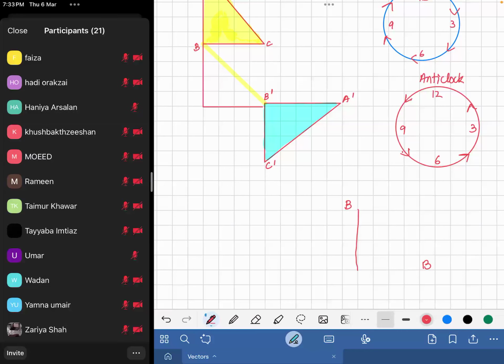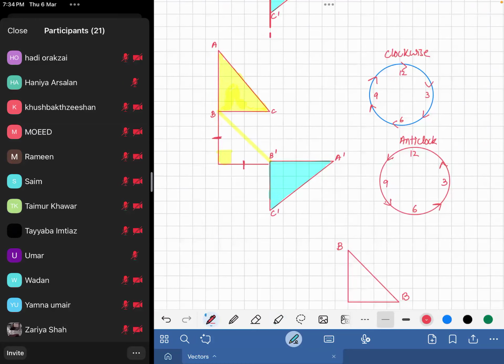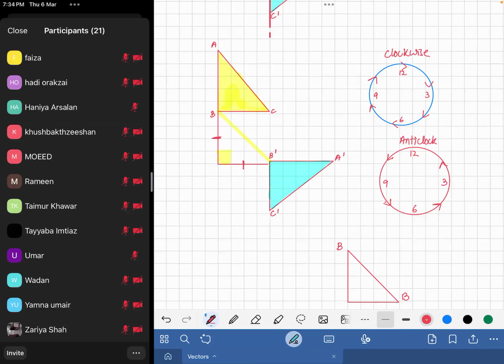So this is the length I have. Can I say that this is my L with a 90 degree angle and two lengths equal to each other? Agree or not? So that particular point is your center of rotation. Understood everybody or not? Yes or no?